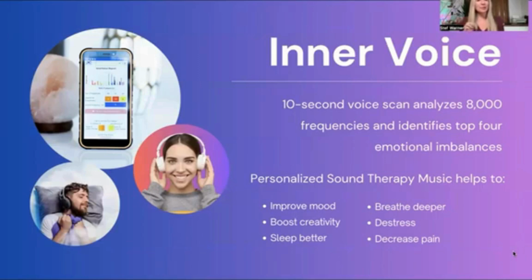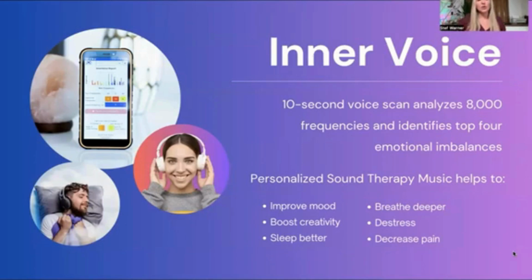Now, I'm not sure if you're aware of this, but the sound of your voice is a direct reflection of your emotional state. Every single note in the sound of your voice is associated with a different set of emotions, a different color on the Roy G. Biv rainbow scale, and it's also associated with a different organ system.